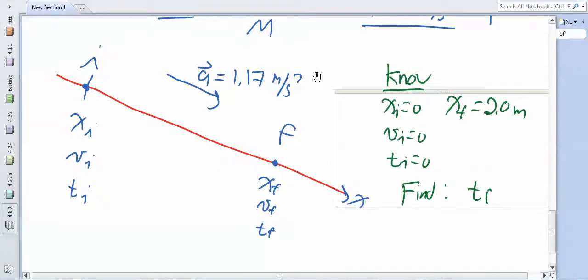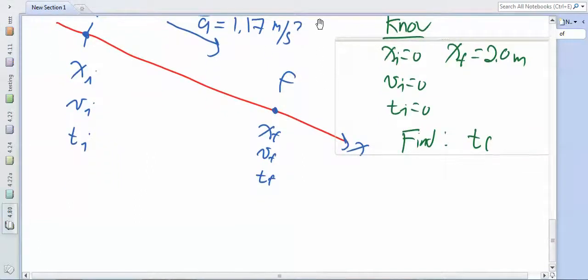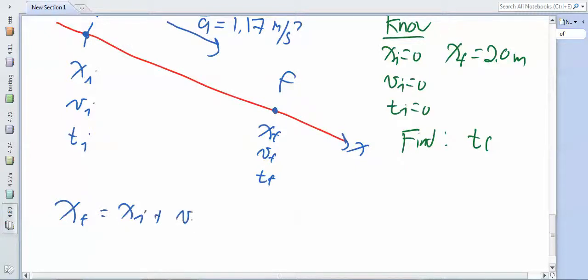the time. And we know something about the position, so it would make sense to use the first kinematic equation: x final equals x original plus v original times (t final minus t original) plus 1/2 a times (t final minus t original) squared.